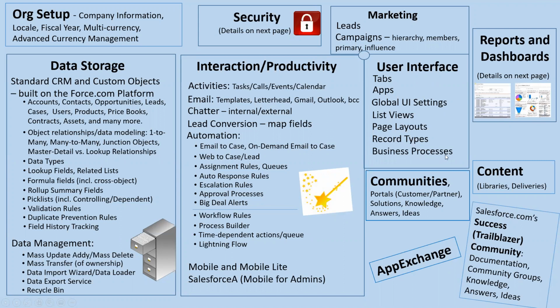Business processes are series of stages that the record goes through. Salesforce calls that a business process. And you actually go to the business process area for the object to set up the sequence of stages that the records go through. And so you might have different record types, and each record type may have its own business process.